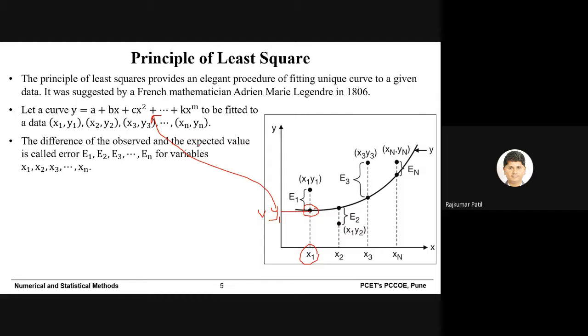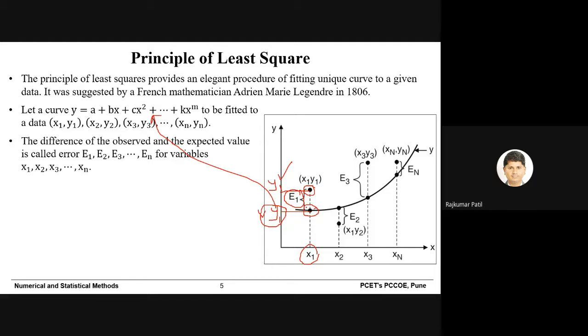But in actual practice, your actual y1 will be here. This is the correct y1 and this is the theoretical y1. And whatever difference between this actual and theoretical value, it is called as error.